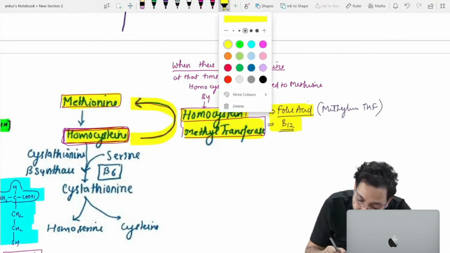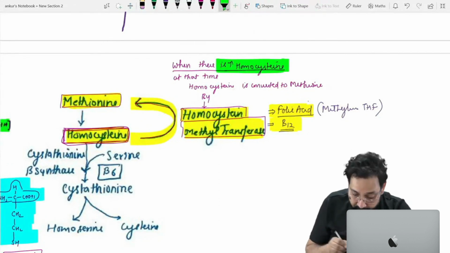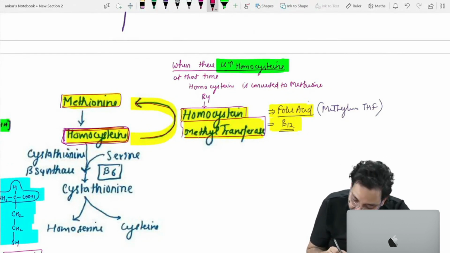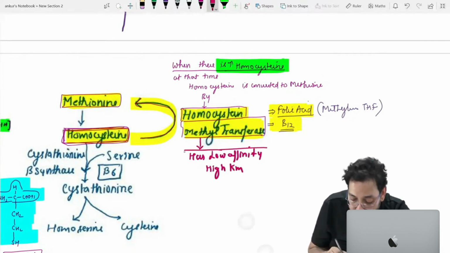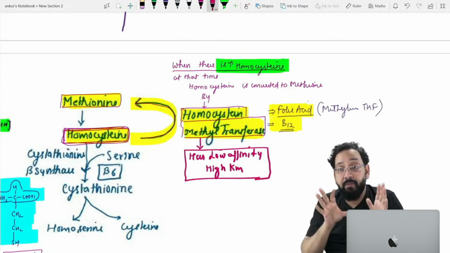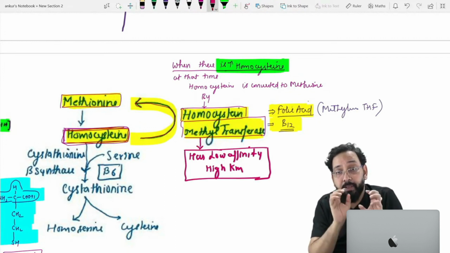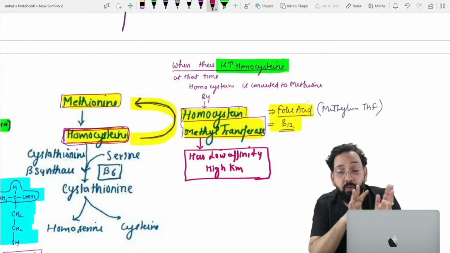Yes, it is hidden. When there is increased homocysteine, homocysteine methyl transferase has low affinity, high Km, low affinity for homocysteine. Just like glucokinase had low affinity for glucose, in the same way homocysteine methyl transferase has low affinity for homocysteine.